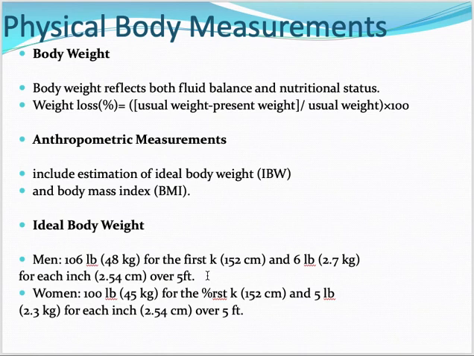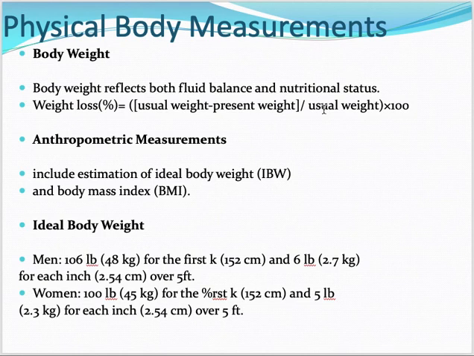Now, if someone gives you a history that he lost weight in the last 1 month, 2 months or 3 months, we must know how much weight is lost. Weight loss percentage can be calculated as usual weight minus the present weight, divided by usual weight, multiplied by 100, right?